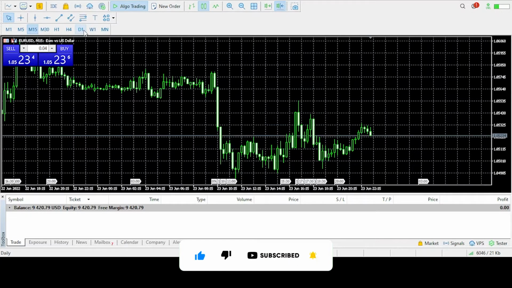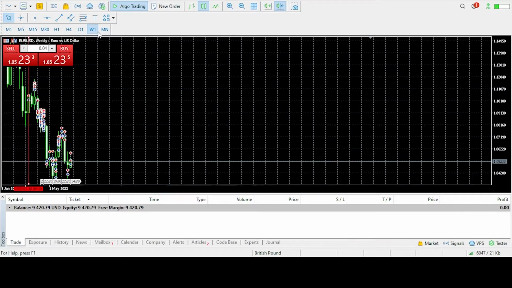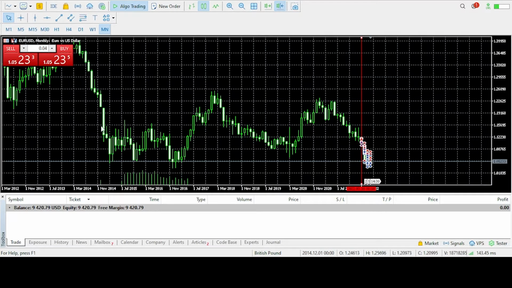Day one is D1. We are on a D1 chart at the moment. That means every candle represents a day. You have week one, where each candle is of 1 week, and monthly candles, where every candle represents a different month.